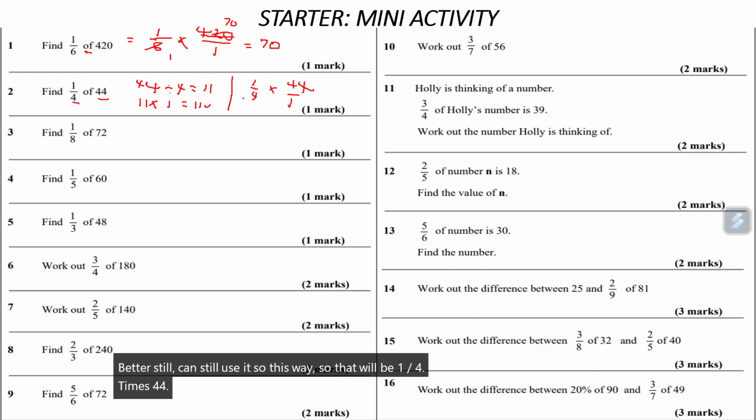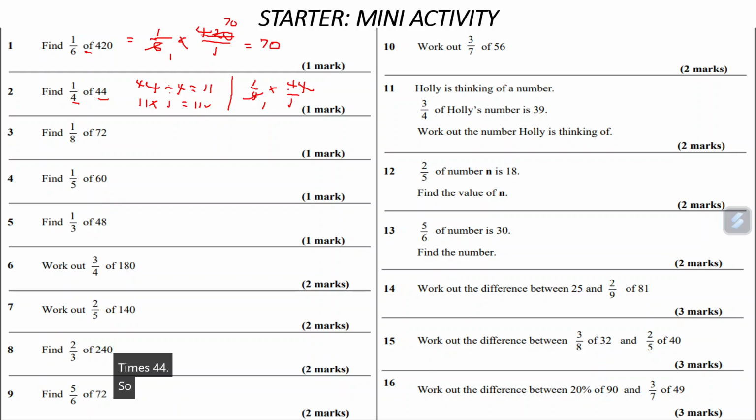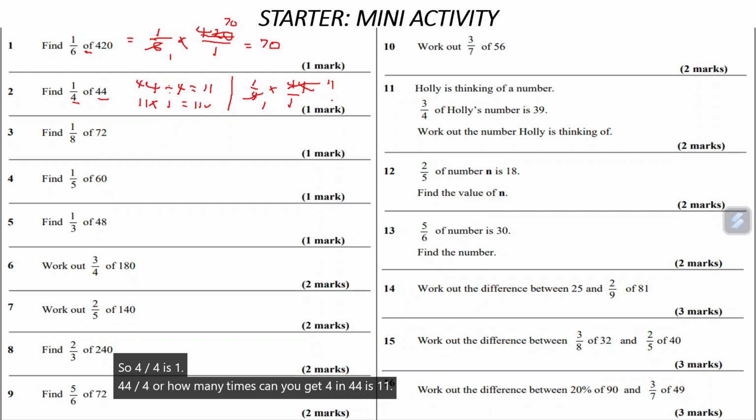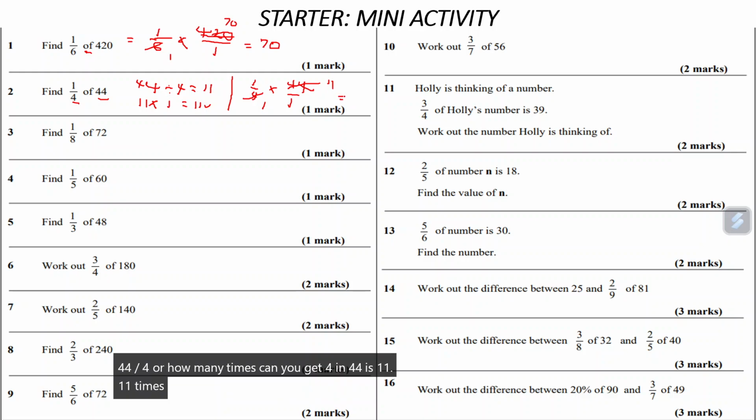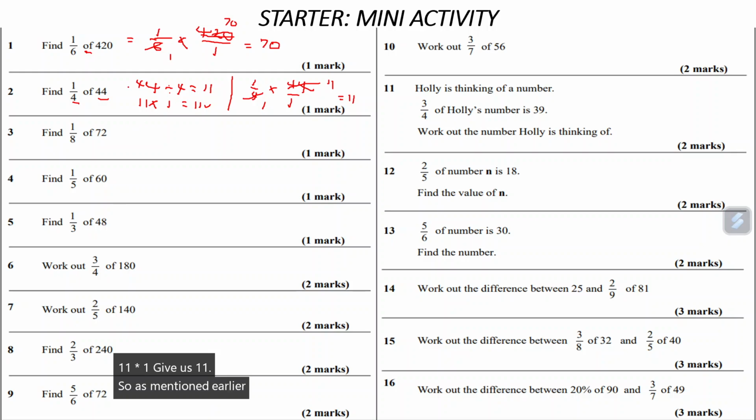So 4 divided by 4 is 1. 44 divided by 4, or how many times can you get 4 in 44, is 11. 11 times 1 will give us 11. So as mentioned earlier, the beauty of all this is we have different routes to a particular destination.